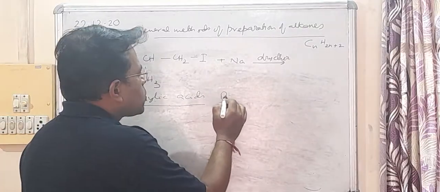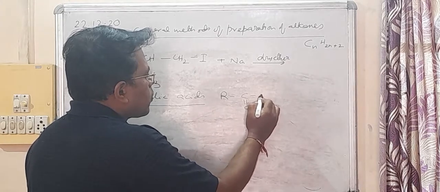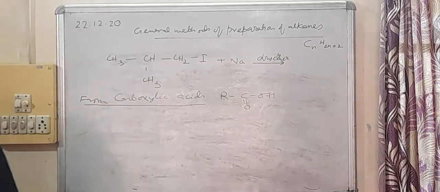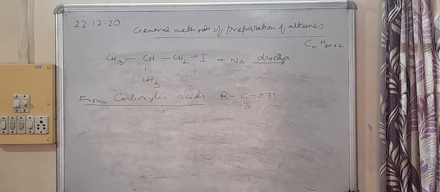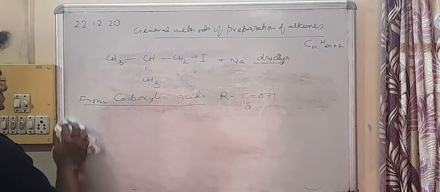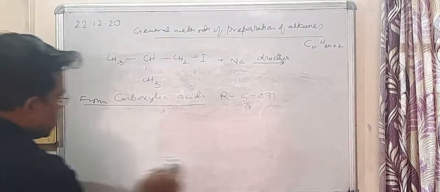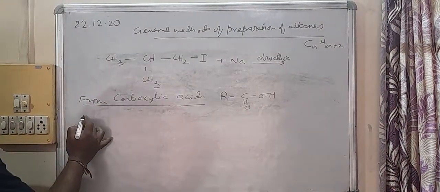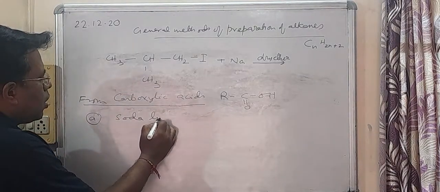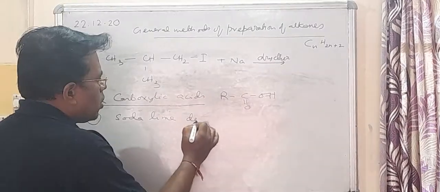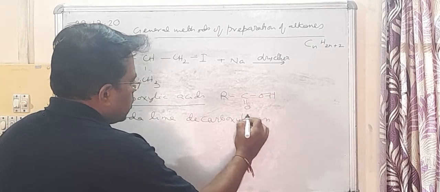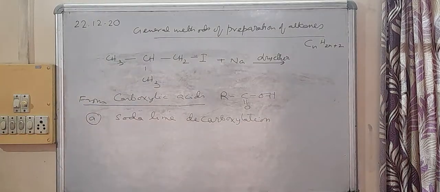Carboxylic acids are compounds of this type, RCOOH. From this type of compounds, we can get alkane. Here also there are two methods. One is by soda lime decarboxylation.